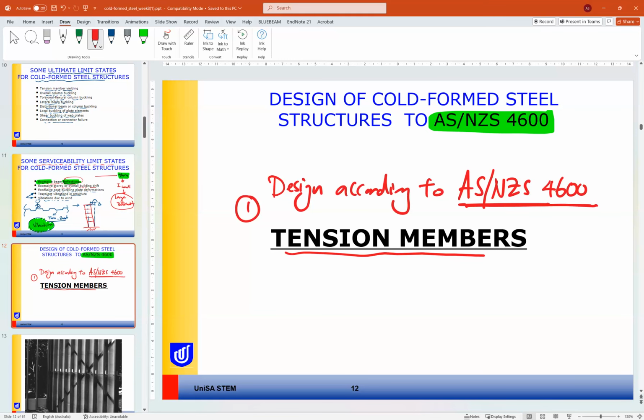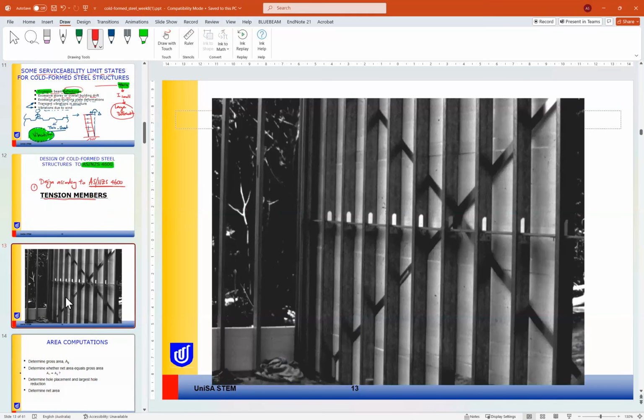Okay, so let's start with the tension members. The tension members can be found, for example, in members like this. Can any of you tell me what this member can be?